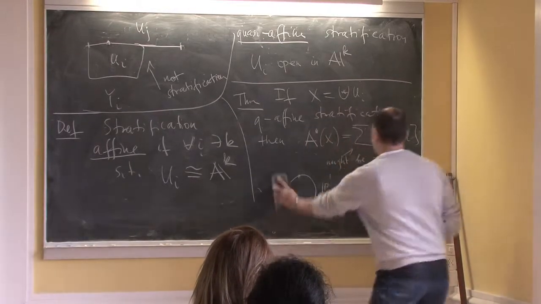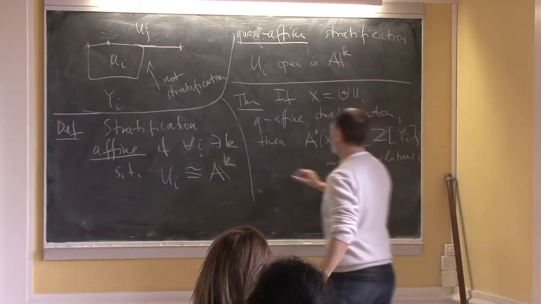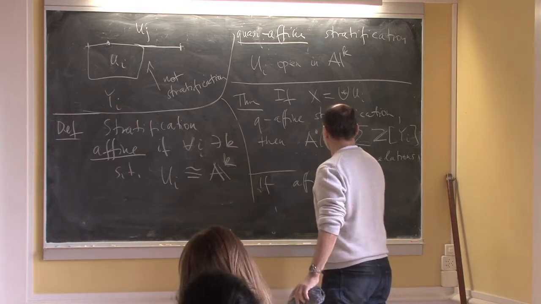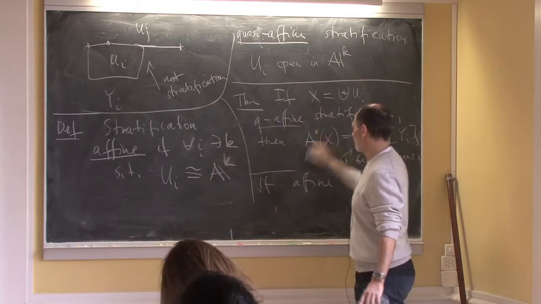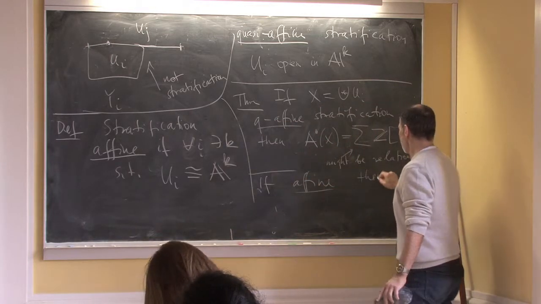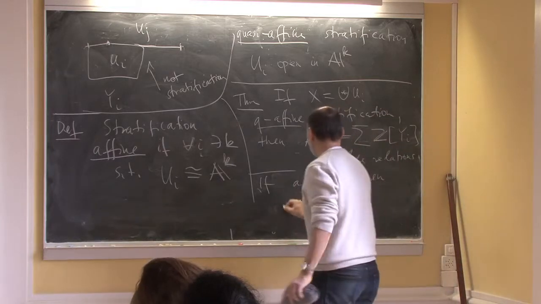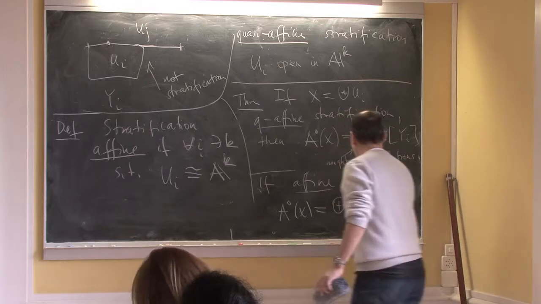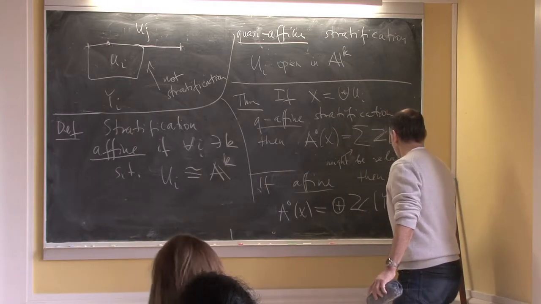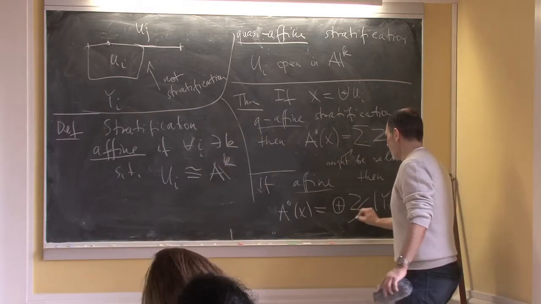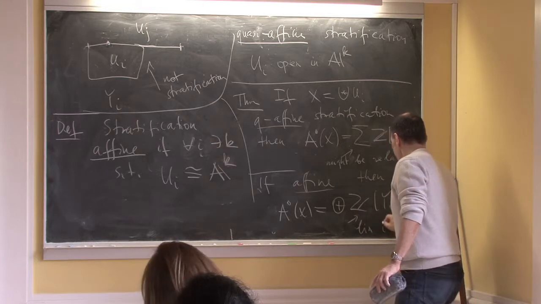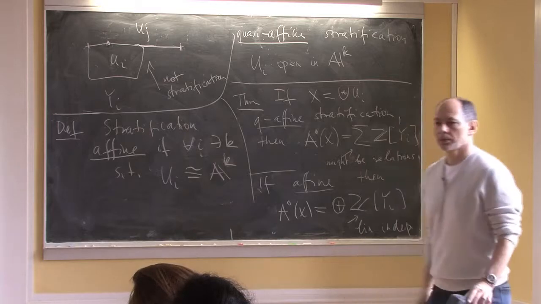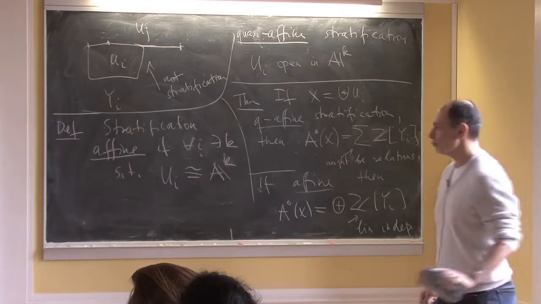And I'll erase this, because the second part: if affine, instead of quasi-affine, then amazingly what is true is that A(X) is just equal to the direct sum of Z Y_i. So what it means is that these are linearly independent. Okay, so that's really fantastic.